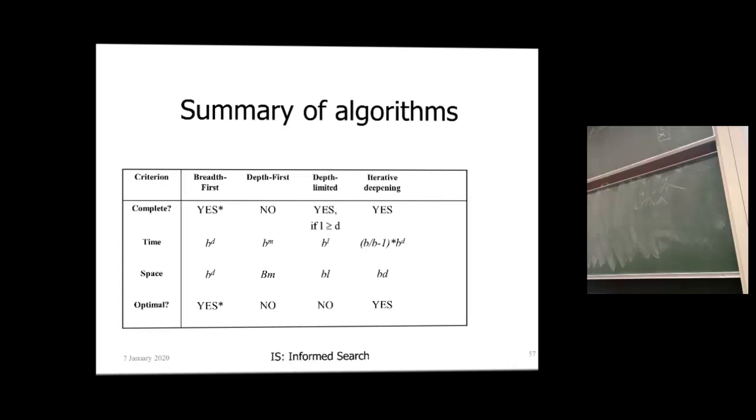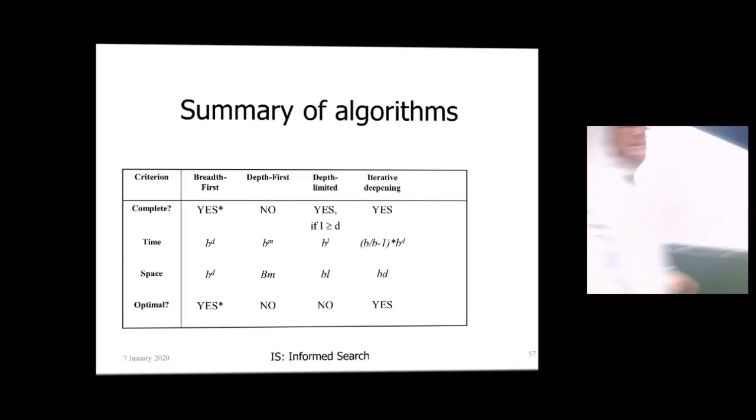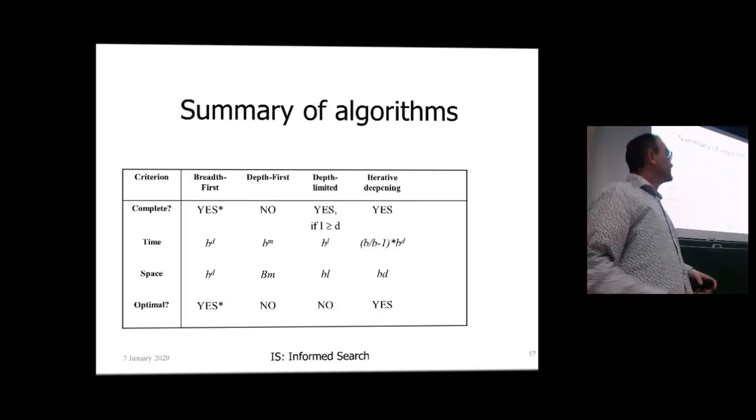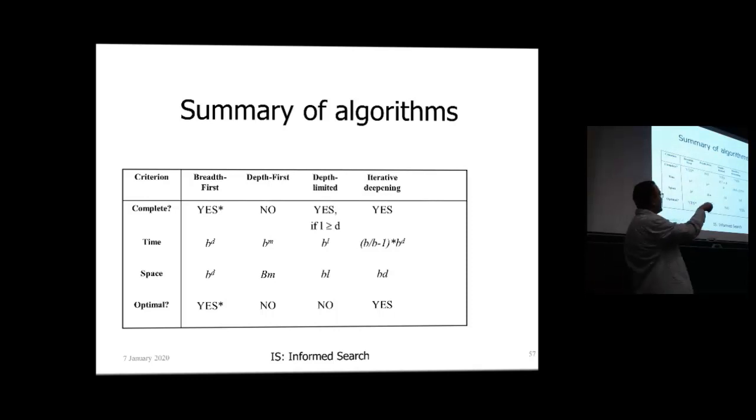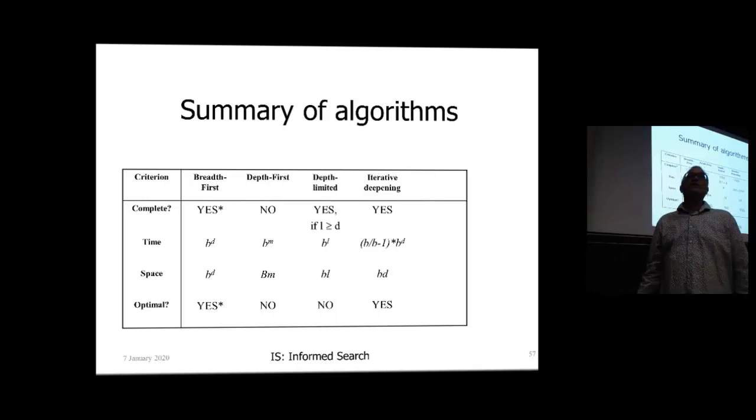So if we sum up the properties of the algorithms, this is what really matters for us. With breadth first, as I said, the big problem is the space. Depth first, the big problem is the completeness. And the iterative deepening algorithm is now the solution to both of these problems and combines the good properties of both by just increasing the time complexity in a linear way.